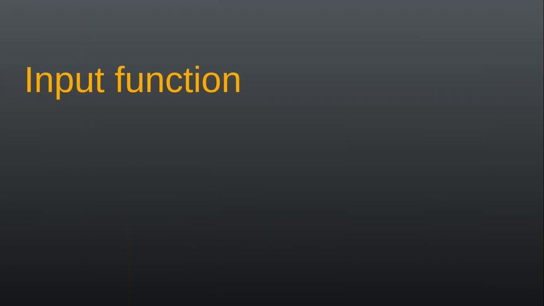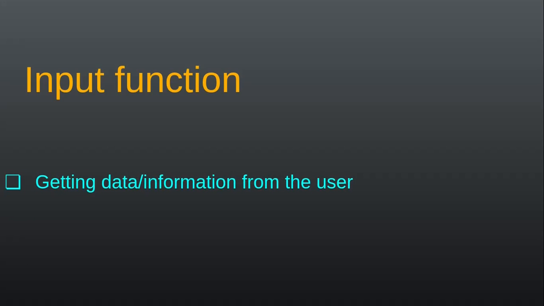Cool. So let's discuss one of the functions. We're going to start with the input function. The input function is a function that we use to get information from the user. Now, how does the user provide the information to the computer? The user types in the information via the keyboard, right?